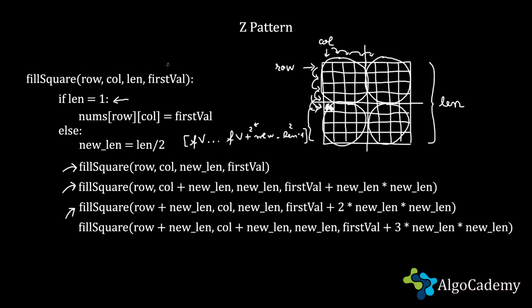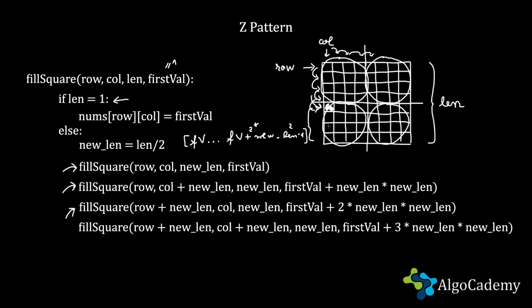And we can check it out. Let's again suppose that first val equals 1, new len equals 4. What happens? All the values from 1 to 16 are in the first quadrant. Then all the values from 17 to 32 are going to be here, and the value 33 is gonna be the first one to appear in the third quadrant.